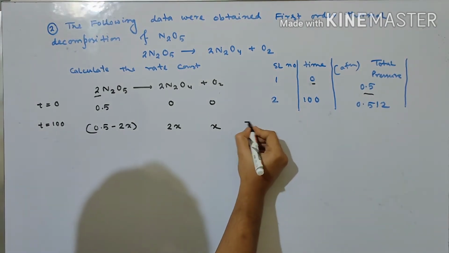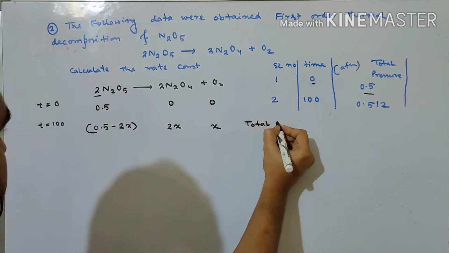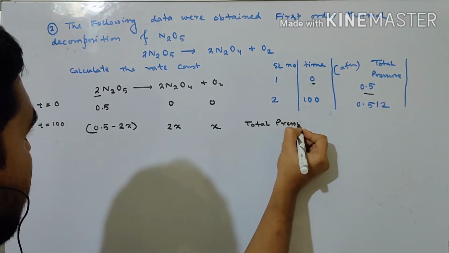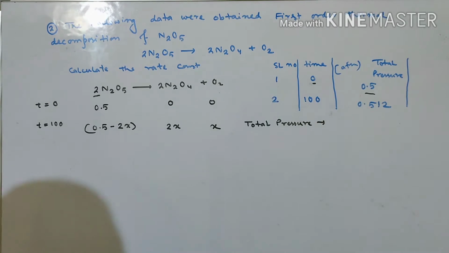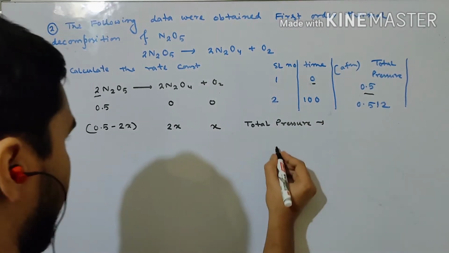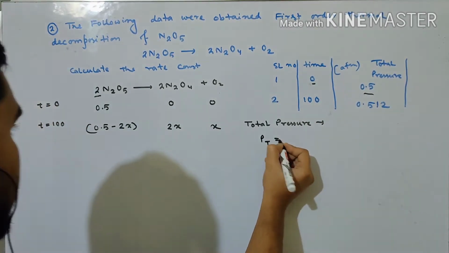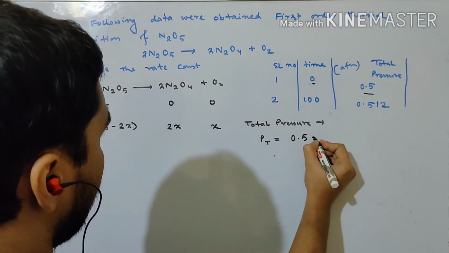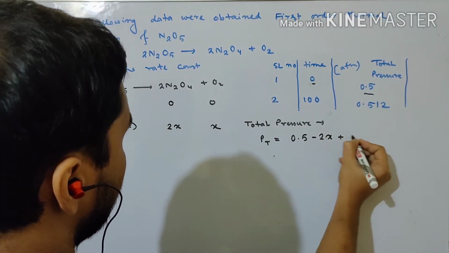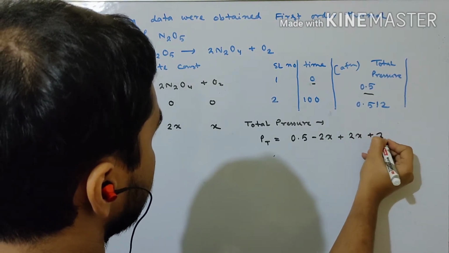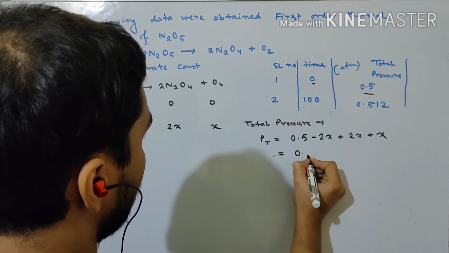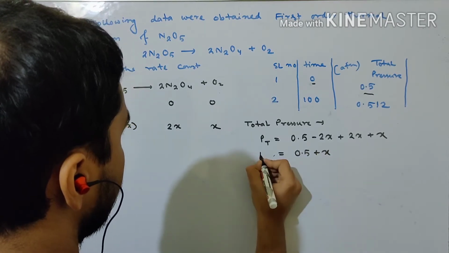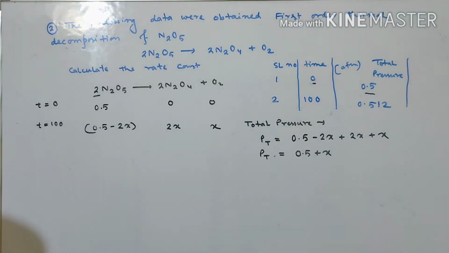Now if I calculate the total pressure, PT should be 0.5 minus 2x plus 2x plus x. So it becomes 0.5 plus x.